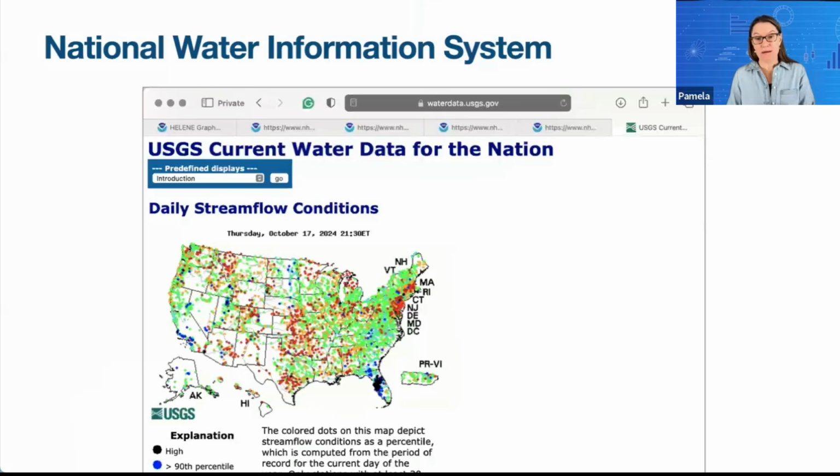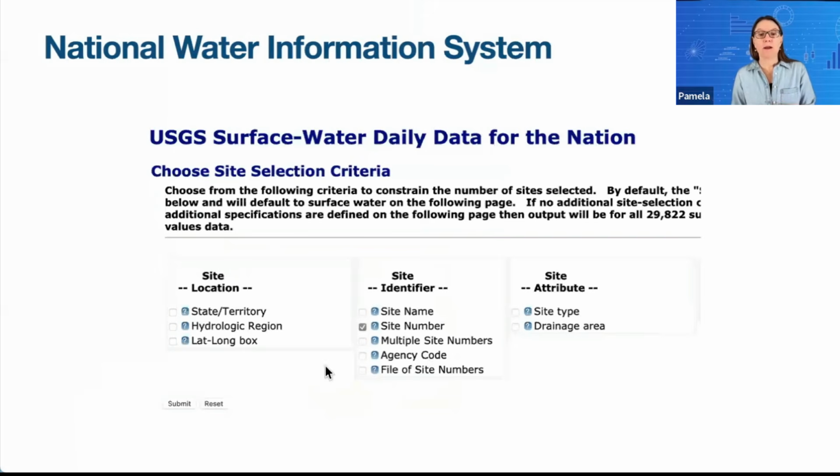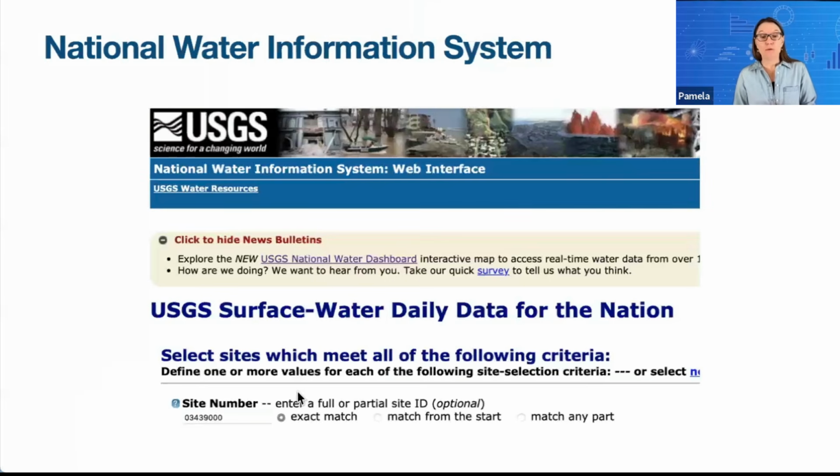Once you have that, forward a little here, I can say that I want to search on the site number. So the way I've gotten this data is just by clicking that button, and then you hit submit, which is over here. That will bring you to somewhere where you can enter that site number for that particular gauge.